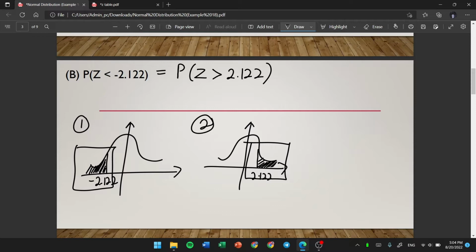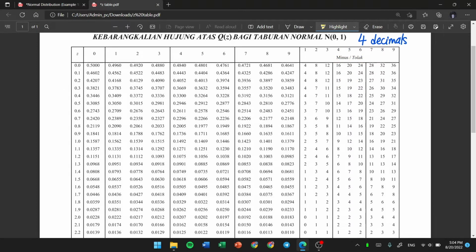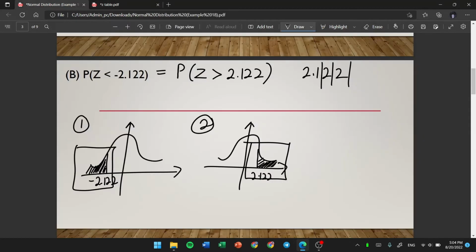Now just see back, break it into three parts. 2.1, then 2, then 3. So we go back to just now that one. Okay, now we see 2.1. Where 2.1 is here. Then just now, 2.12. And then just now another 2 behind. Right.